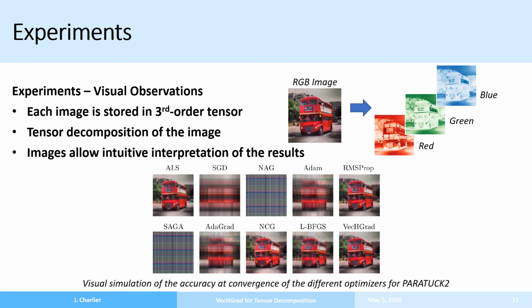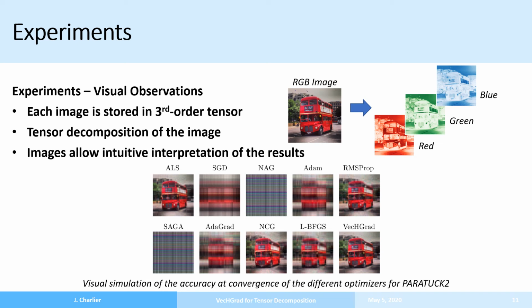All our datasets that we are using for the experiments are image-based datasets. So an image is a matrix. How can we put a matrix in a tensor? Each image consists of 3 color channels: red, green, and blue.